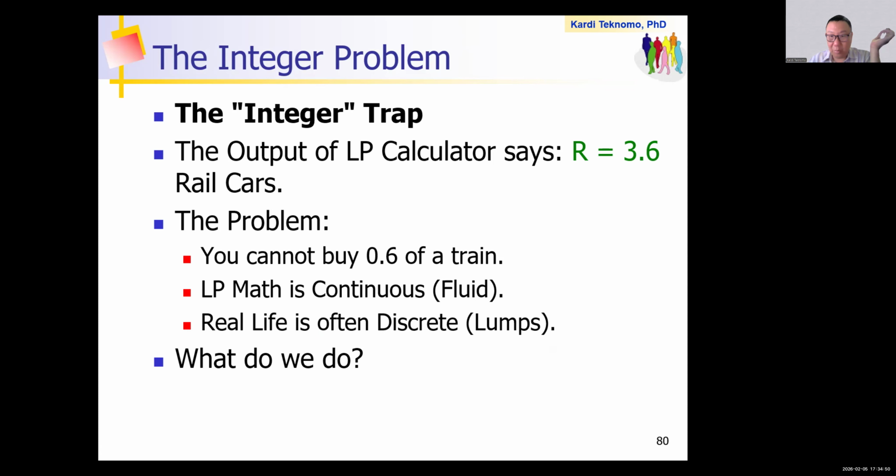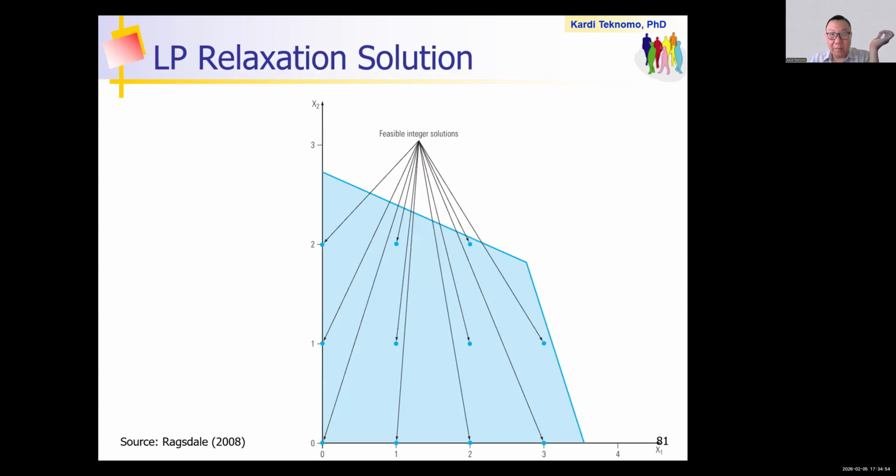So what should we do? There is a technique called linear programming relaxation. So this is the boundary that you have. Usually we'll get a corner, right? These are the feasible region and these are the possible optimum value.